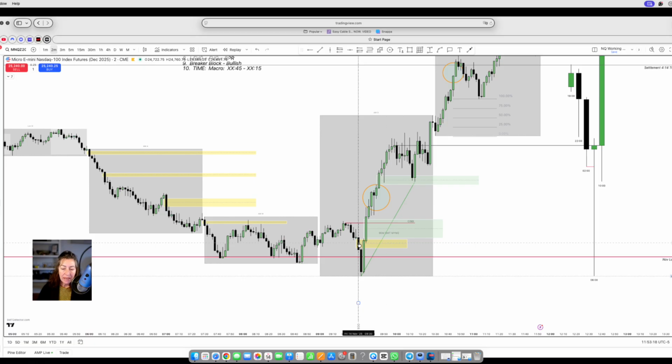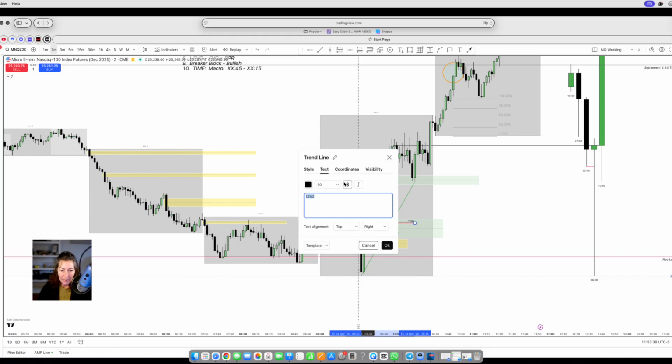The change in the state of delivery is a candle or a series of down close candles that then begin the movement or support the movement up. So this range of downward closed candles, this is the range. At the top of that range is my change in the state of delivery. I'll make this just a little bit bigger for you guys to see.